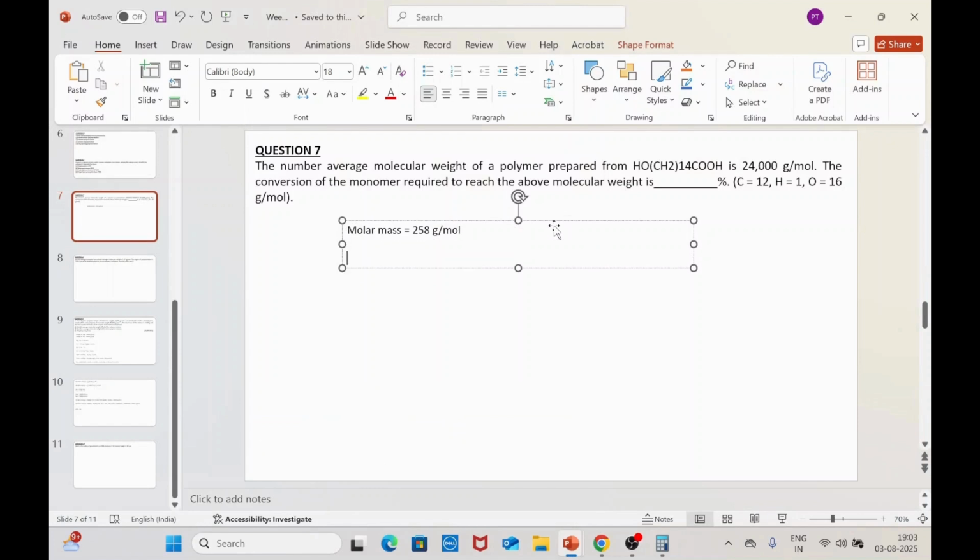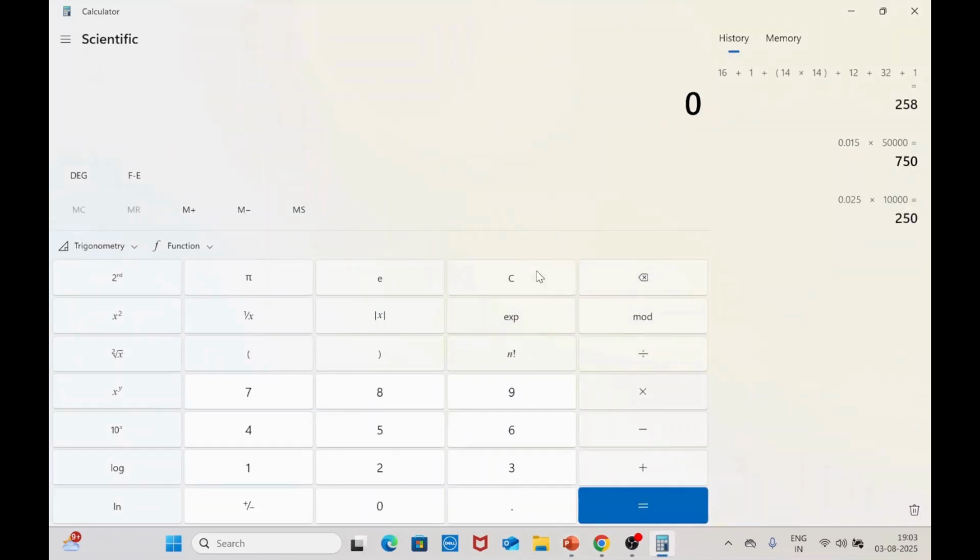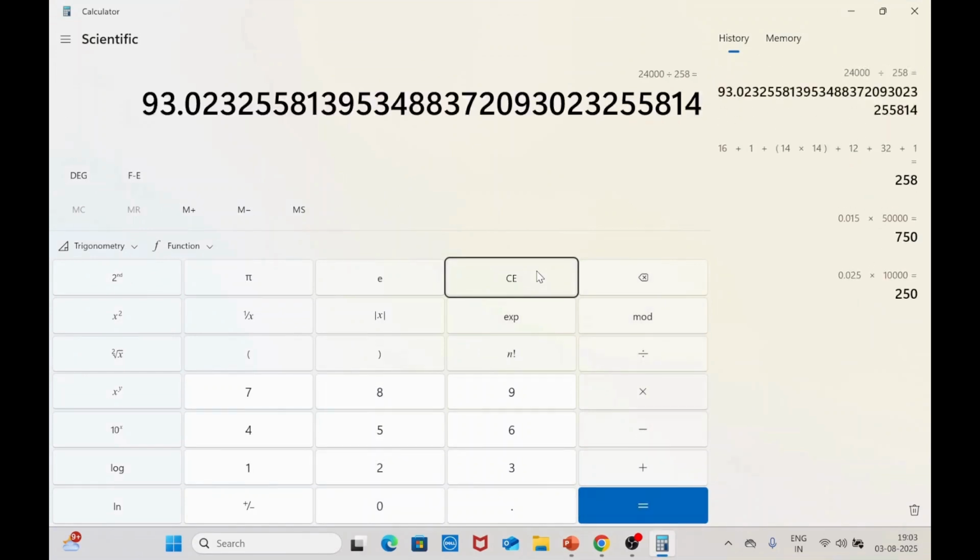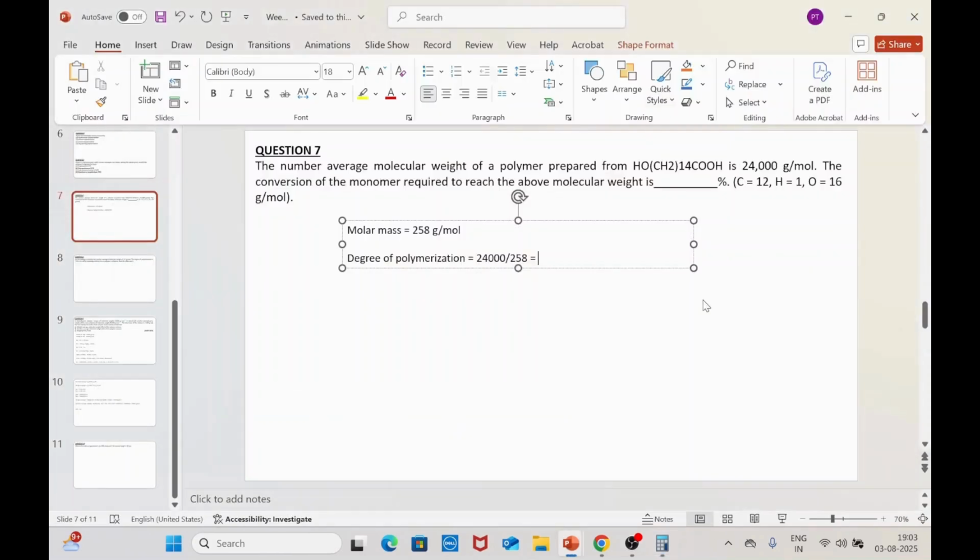So as far as this is concerned, the degree of polymerization should be 24,000 divided by 258, right? So that should be around 93.02.